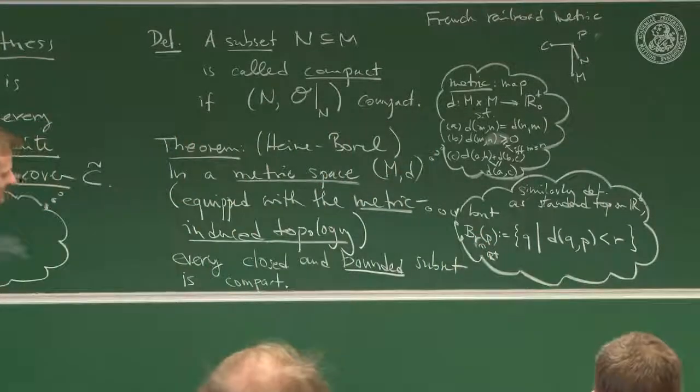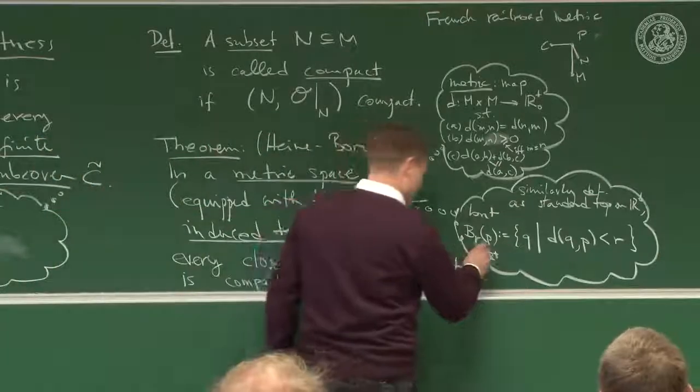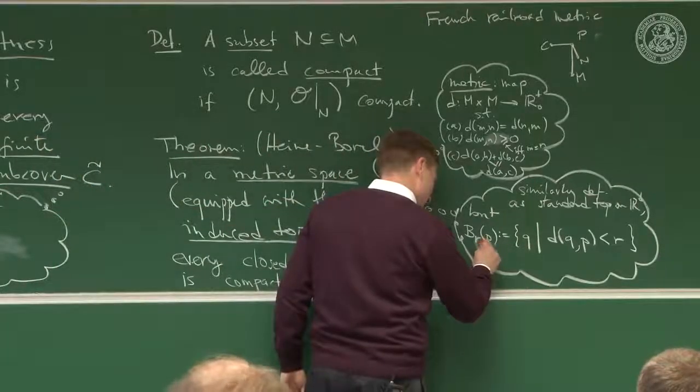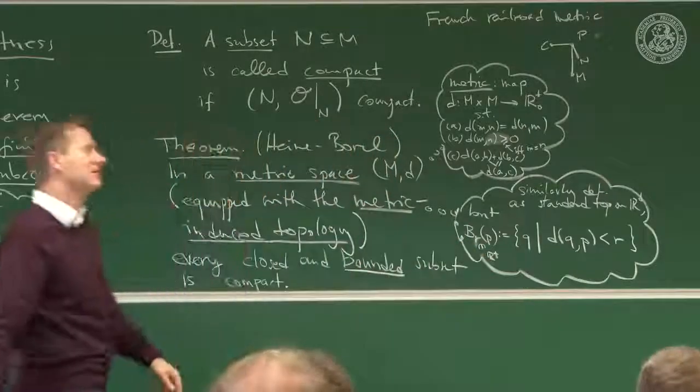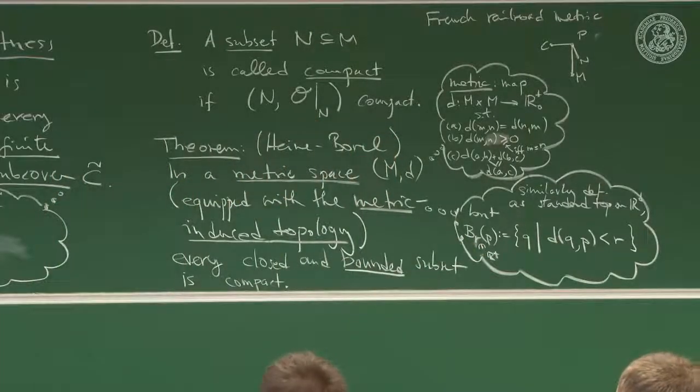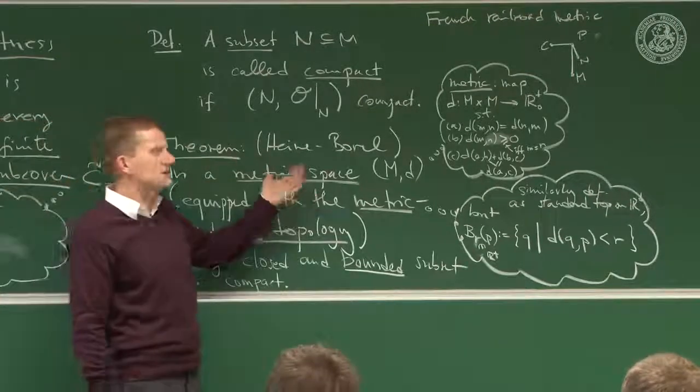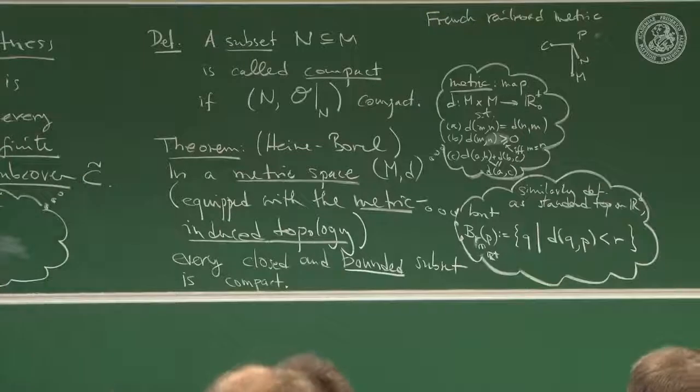So my notation gets more and more cryptic, but I mean this R is just supposed to be a non-negative real number. Okay, so that's Heine-Borel, and obviously in many, many circumstances you would have a metric space, so it's very easy to decide for a closed and bounded subset that it's compact.